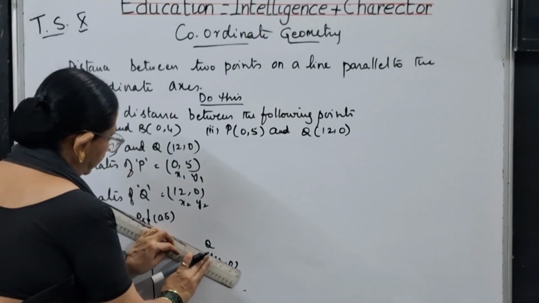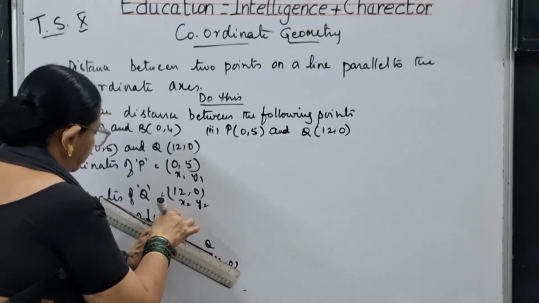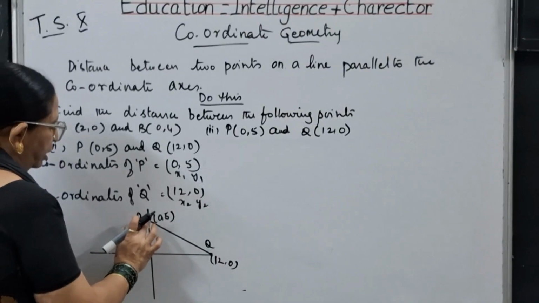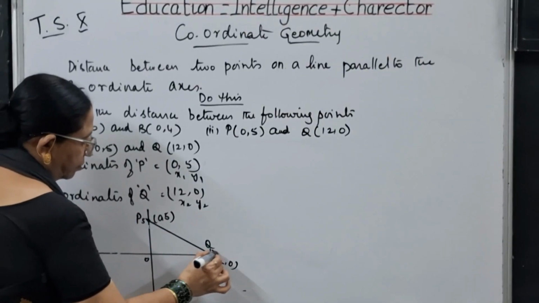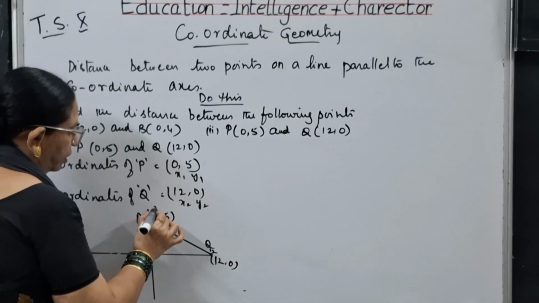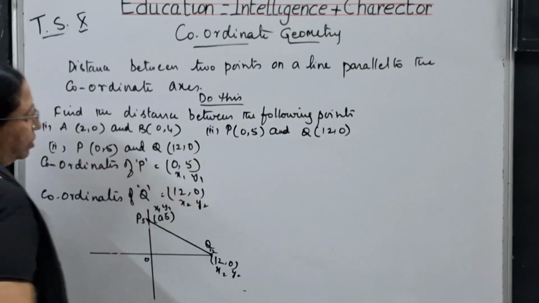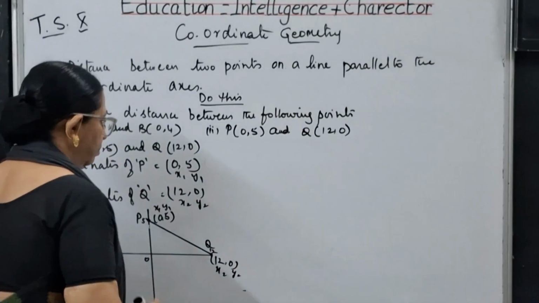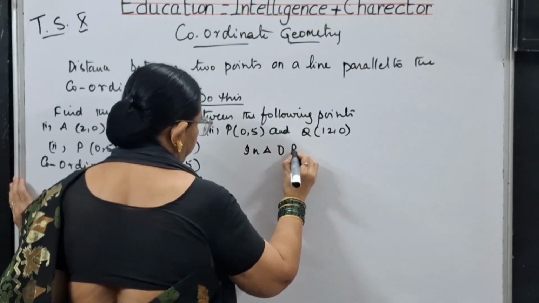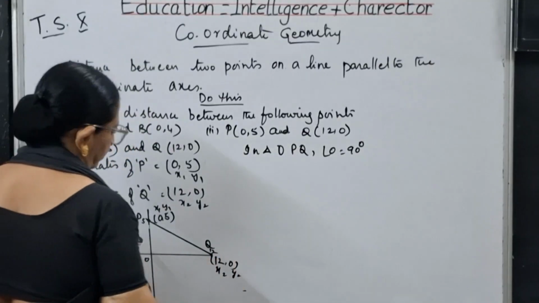So let me join these two. I have taken P as x1, y1 and Q as x2, y2. This measure is 12. Now let us take triangle OPQ. Angle O is 90 degrees.